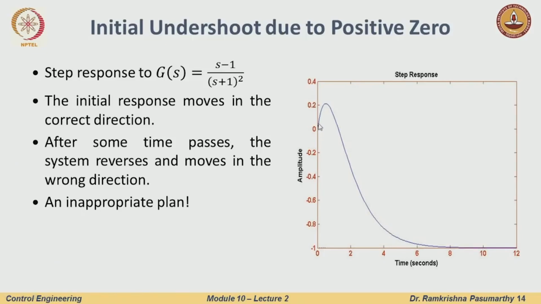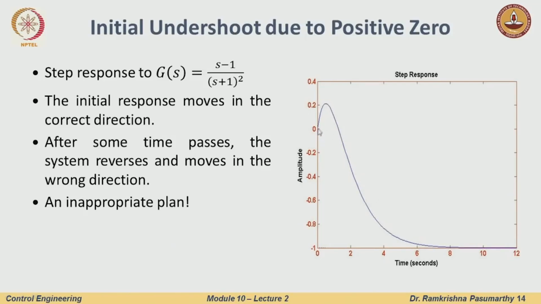So if this was a plan, say maybe I hire a new CEO in my company, which was not doing very good until yesterday. There is a big positive sentiment in the market, the stock prices go up. After a few months, I realized that this was not a good decision to have this new CEO. Nothing changes in my profits or even my turnover, and I see that the response actually goes down, right?